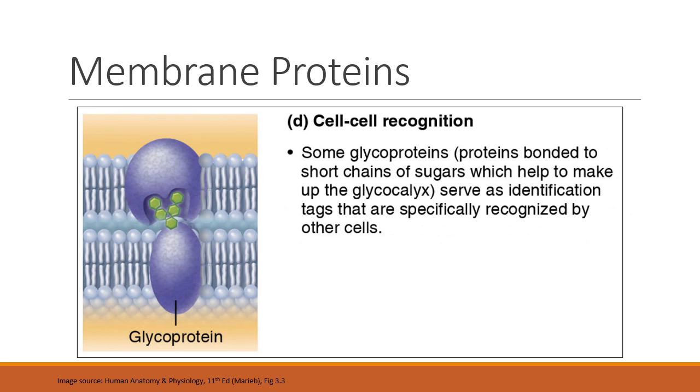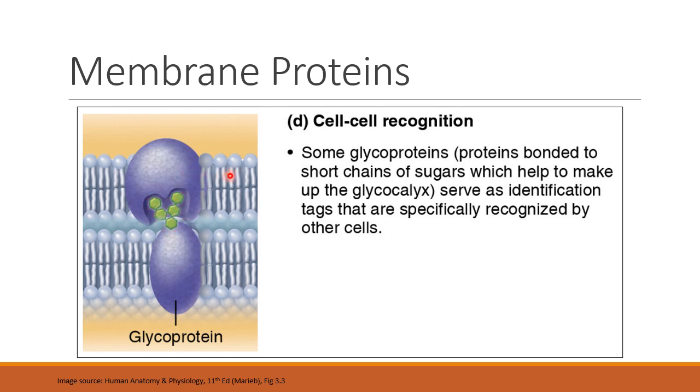Next up, we have membrane proteins that act in cell-to-cell recognition. And so here in this particular example, we have this cell that has a glycoprotein. A glycoprotein is basically a protein here lodged in the membrane. It has these little sugars attached to it, glycoprotein. And so another cell, which would be this guy up here, has a certain protein on it as well that would recognize this shape, this particular shape.